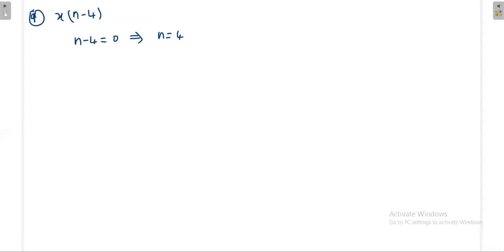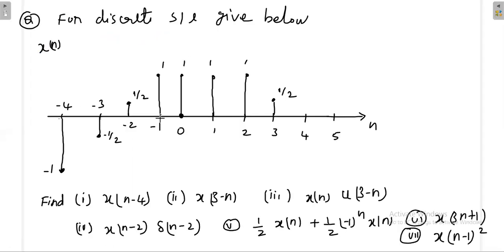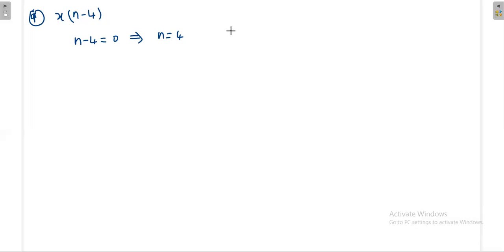The entire diagram has to be shifted towards the right by 4 units. The original diagram starts at minus 4, now it will start at 0. Then minus 3 will start at 1. Like that, the entire diagram will be shifted by 4 units towards the right side.